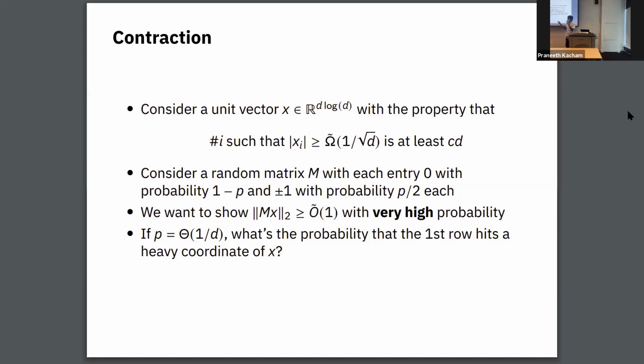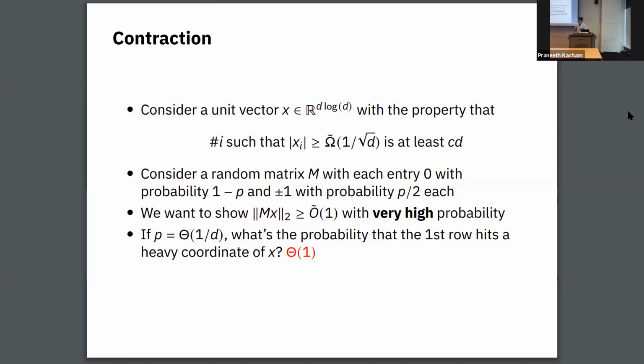Just look at the first row of this matrix M, and I have CD large coordinates in the vector x. What is the probability that the first row of M has a non-zero number in one of the coordinates where x is large? It is constant, right?